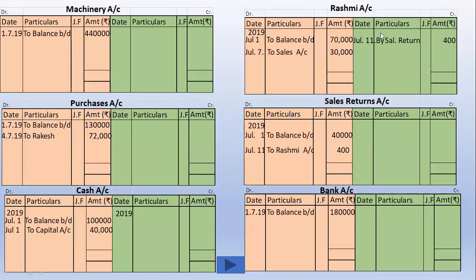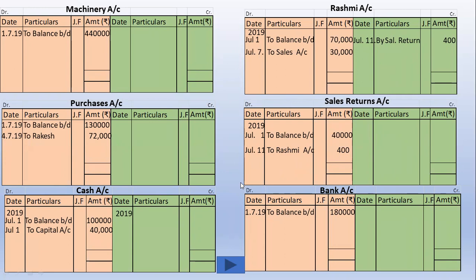See, in Rashmi's account, credit side by sales return 400, and in sales return account, to Rashmi's account rupees 400. Paid to Rakesh rupees 40,000 at 2% cash discount.